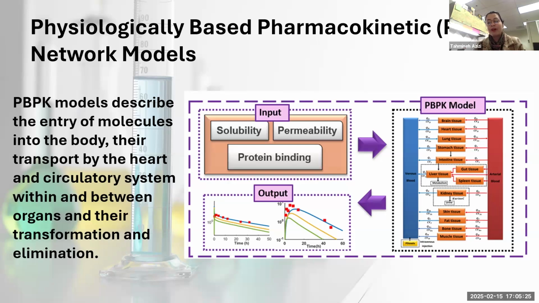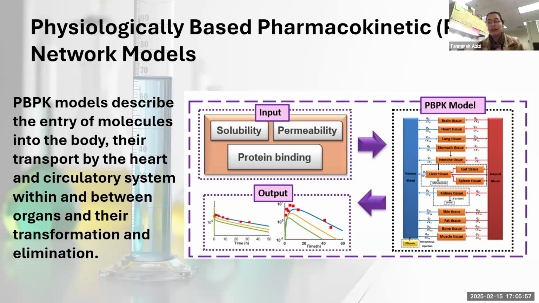Then the output is the concentration of the drug in different tissues or body organs. Finally, we need to validate against the data we have. For example, here is a simple model we developed for oxytetracycline with different drug formulations, for swine, an animal. We didn't extend it to a human model.